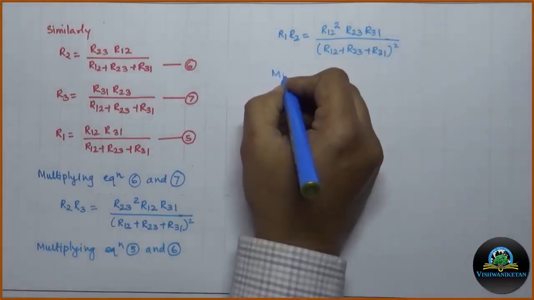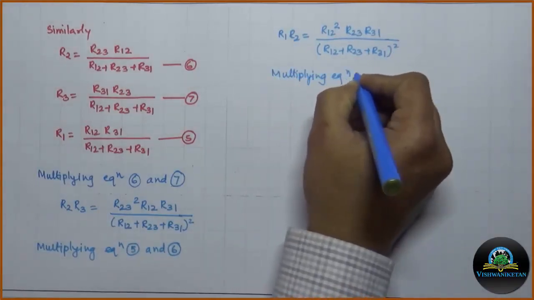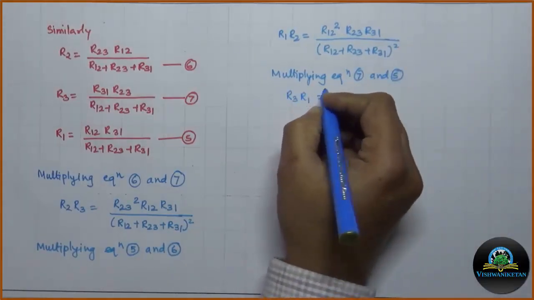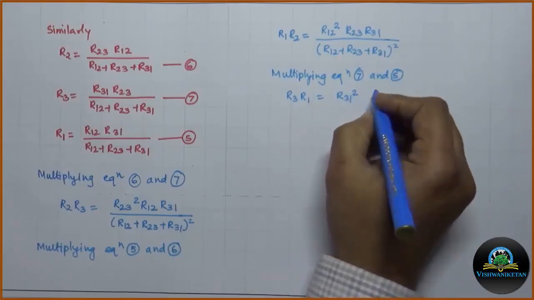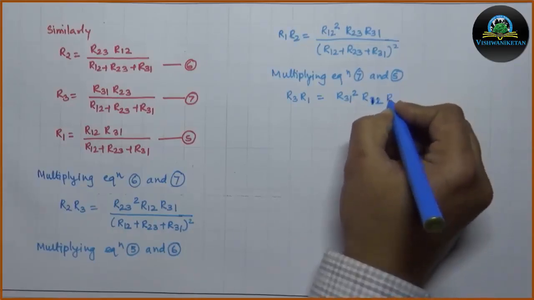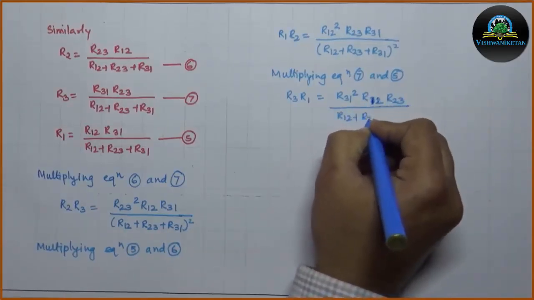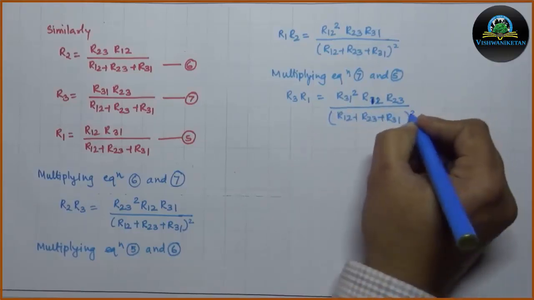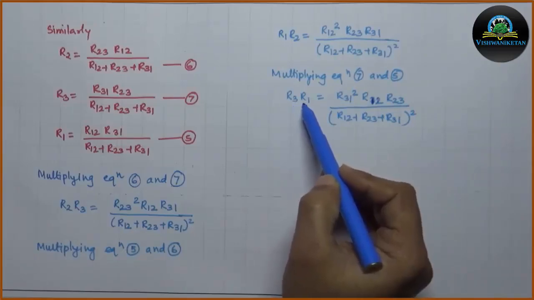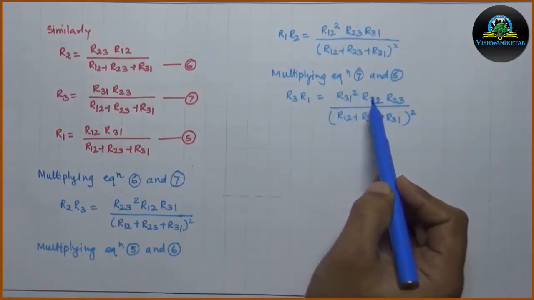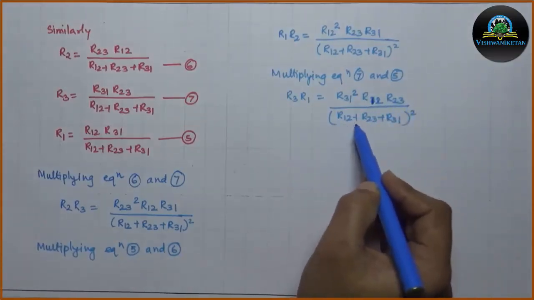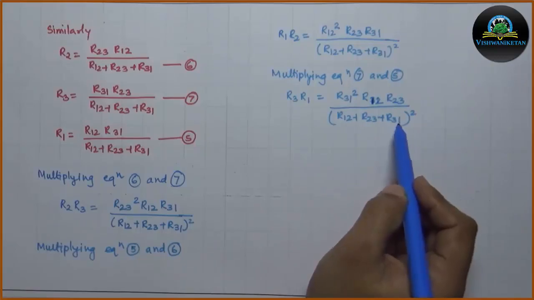And multiply equation number 7 and 5, we will get equation as R3 R1 is equal to R31 square into R12 into R23 divided by (R12 plus R23 plus R31) whole square.